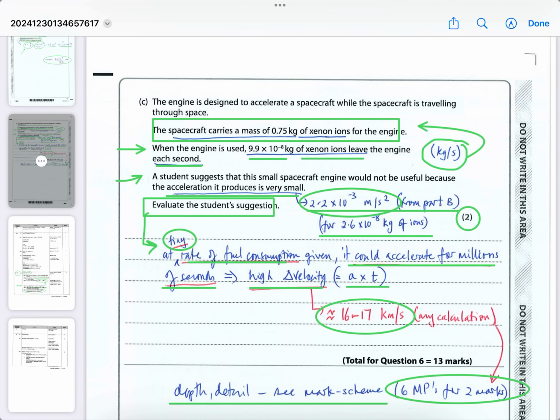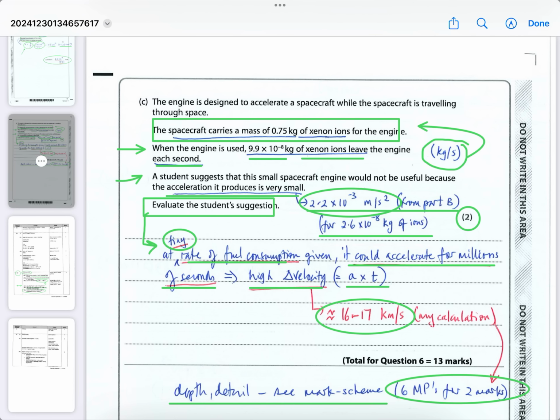If the forces are unbalanced, in other words there is an acceleration, then there is a resultant force due to Newton's third law. The spacecraft moves to the right, the gas particles move to the left, and by conservation of momentum the spaceship gains momentum to the right and the ejected ions gain momentum to the left, as a balance to the momentum conservation rule.